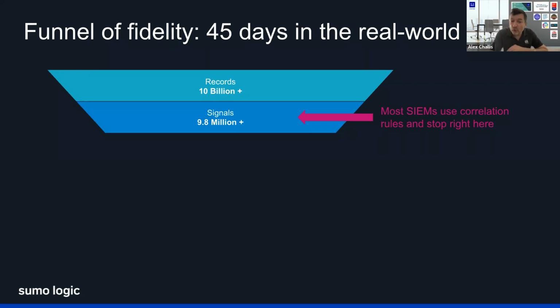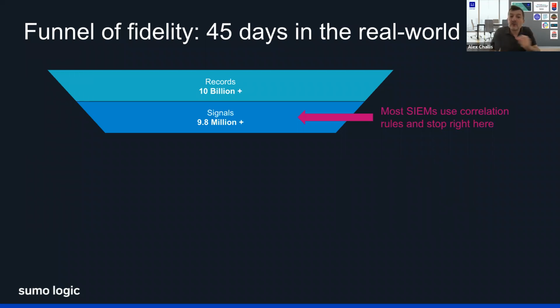And in total, from those normalized records, we correlated and fired just short of 10 million signals. So 9.8 million, what we call signals. These are the correlations. Other vendors might call them notables, or correlations, or maybe just simply alerts.